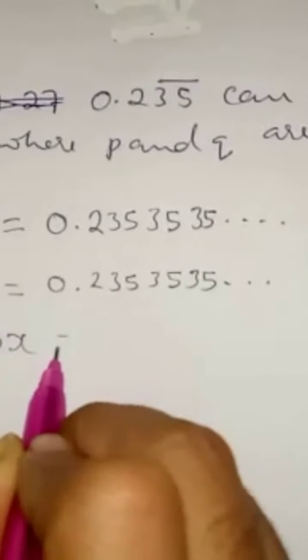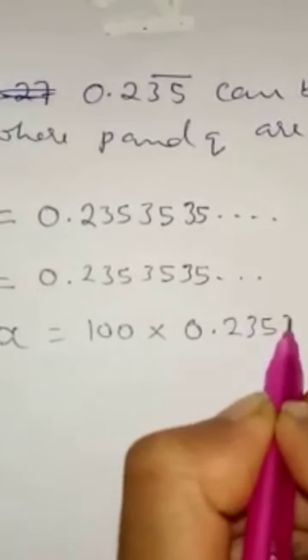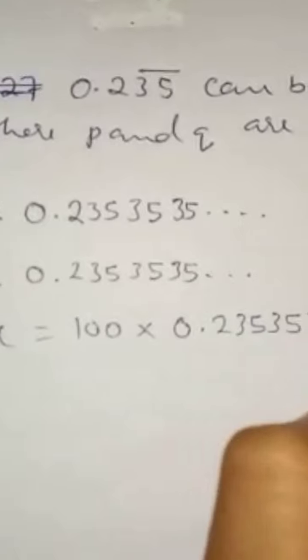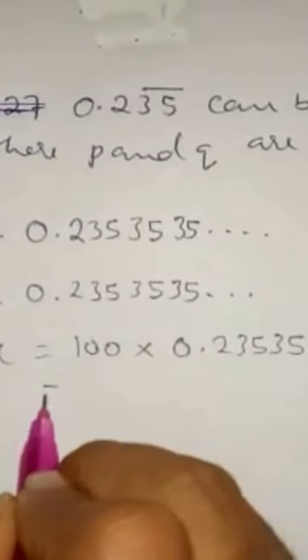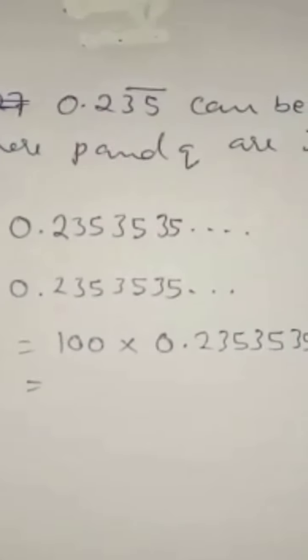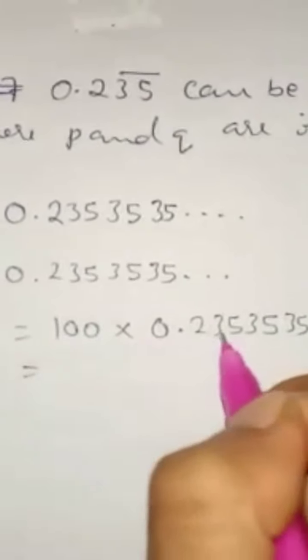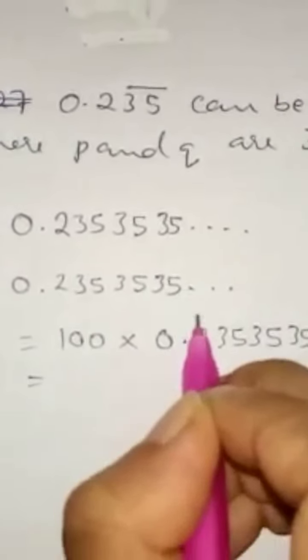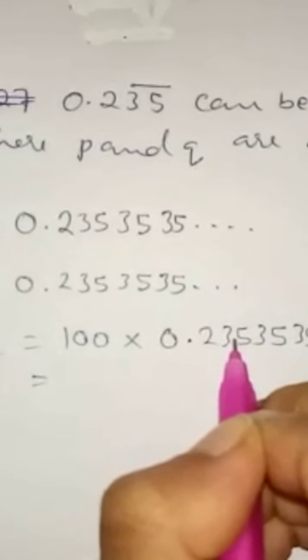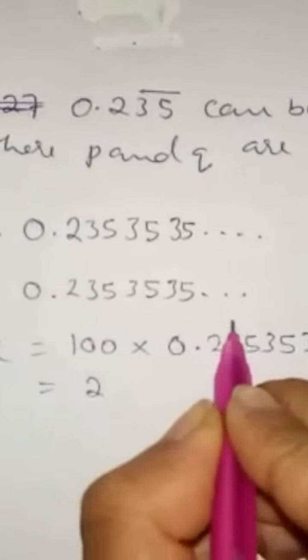So 100x is equals to 100 into 0.23535 etc. goes on. So when you multiply with 100, what does it become? I told you not to multiply, it's a long process. What I said, if you have 2 zeros, then the decimal place goes after 2 digits. So it goes 1 place and 2 places.